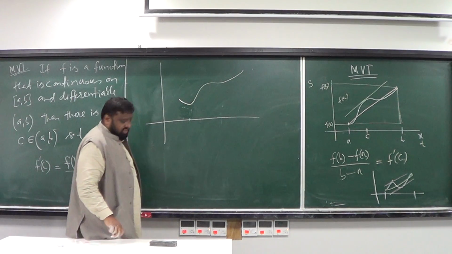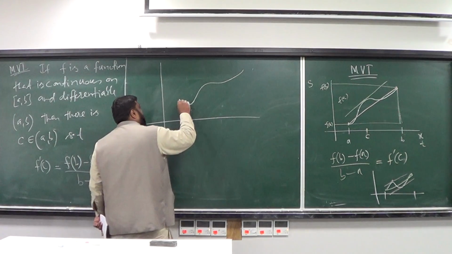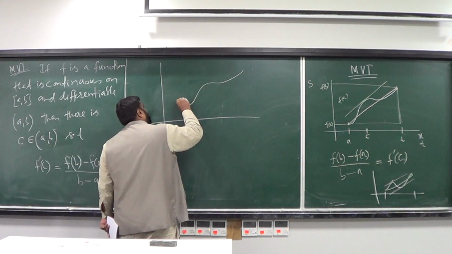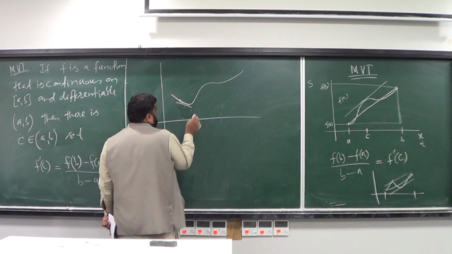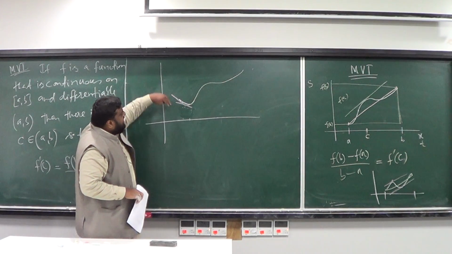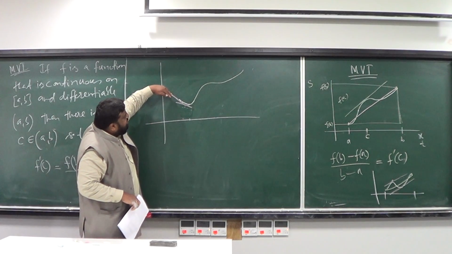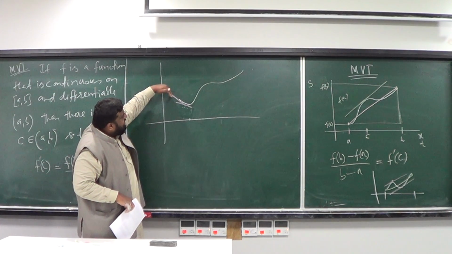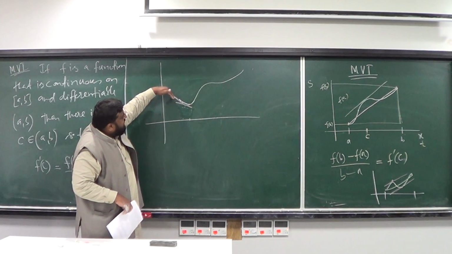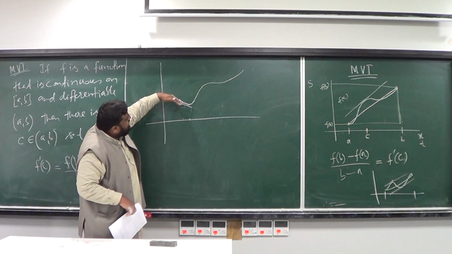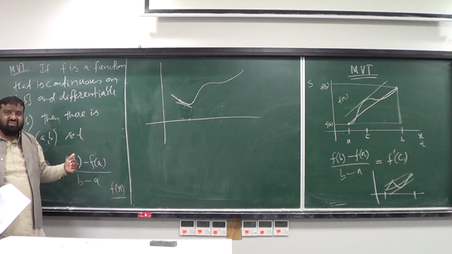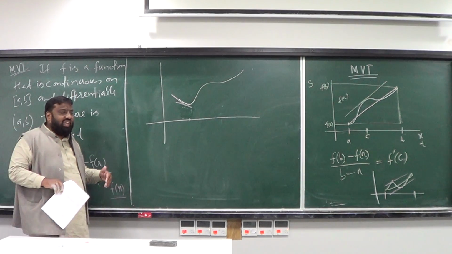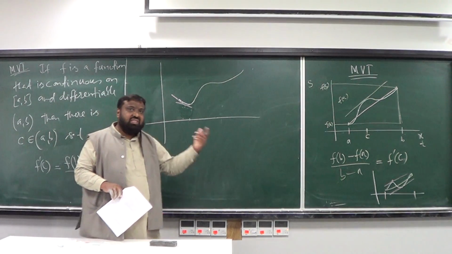If you draw a tangent line at these points, what can you say? The places where the curve is decreasing, if you draw the tangent lines, are going to have negative slopes. Negative slopes, and slopes are basically derivatives.